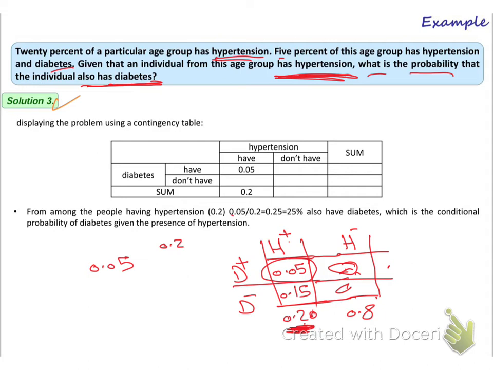It's not 100%, it's 0.2. And he's 5% out of this. So he's 5%, or 0.05, out of the 0.2. So it will be equal to 0.25.